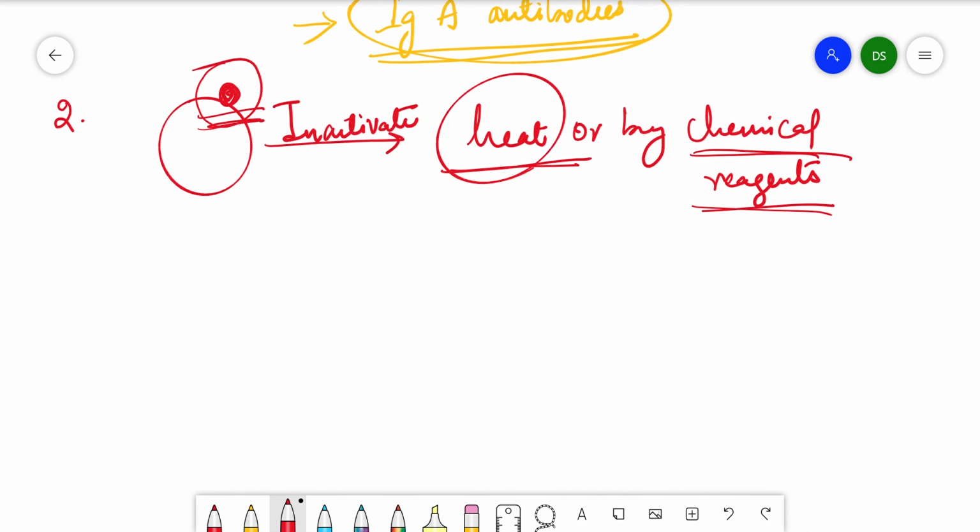Some of the chemical reagents used in inactivating pathogens are formaldehyde and alkylating agents.